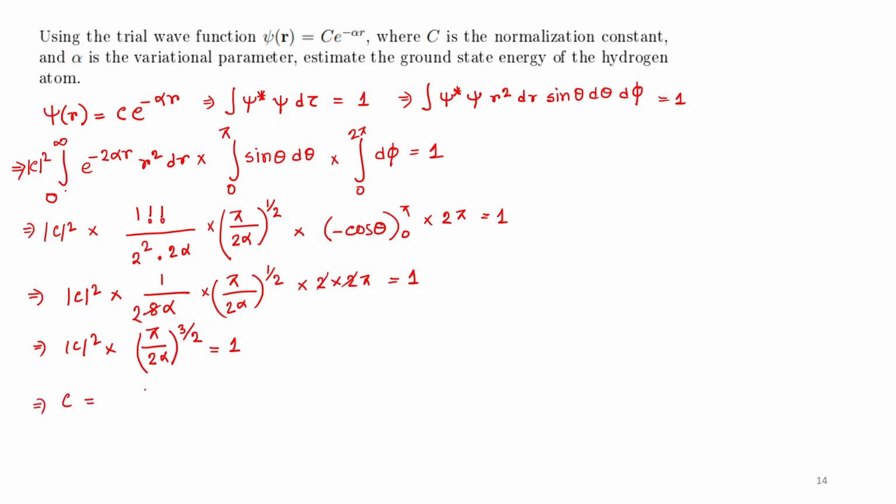So C 2 alpha pi, C over 4, right? And this is going to be a normalization constant. So psi of I has become 2 alpha by pi. This is equal to pi.